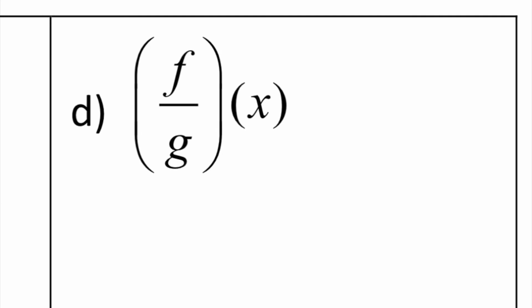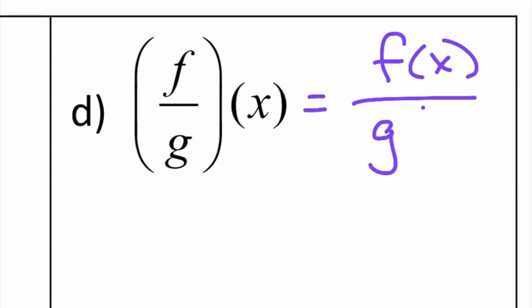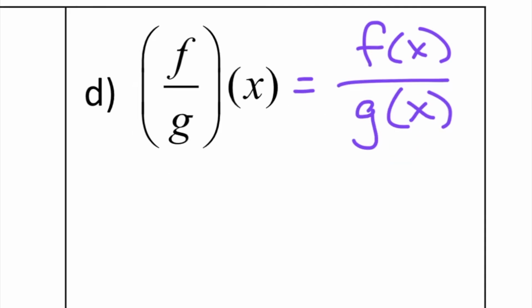And in this division, here's where the domain restriction really becomes obvious. In this final part of number 19, you want to do f of x over g of x. Simplifying this is going to have a little bit of a twist, but remember that g of x can't equal 0, and you have to consider the domain of the original function.